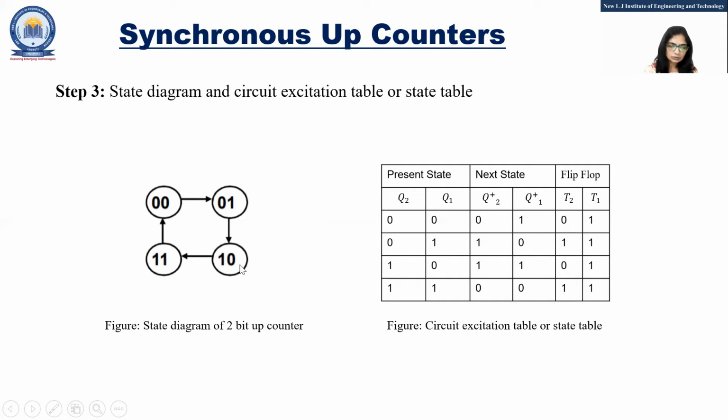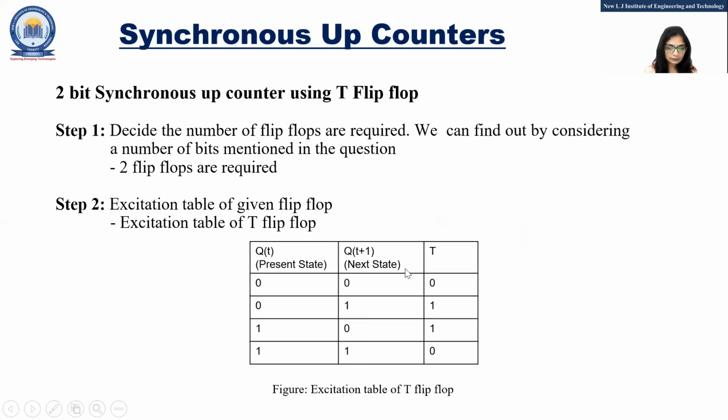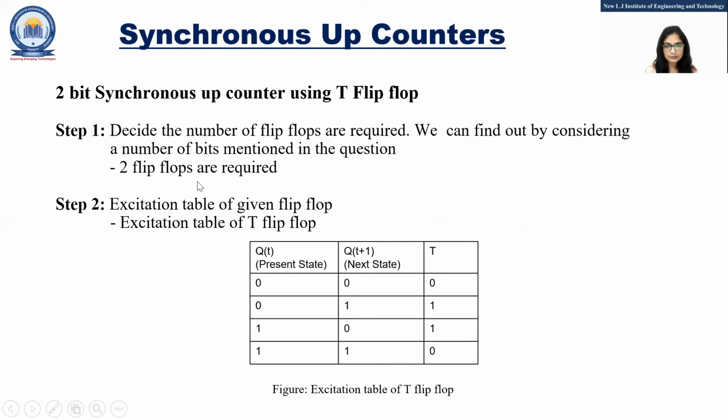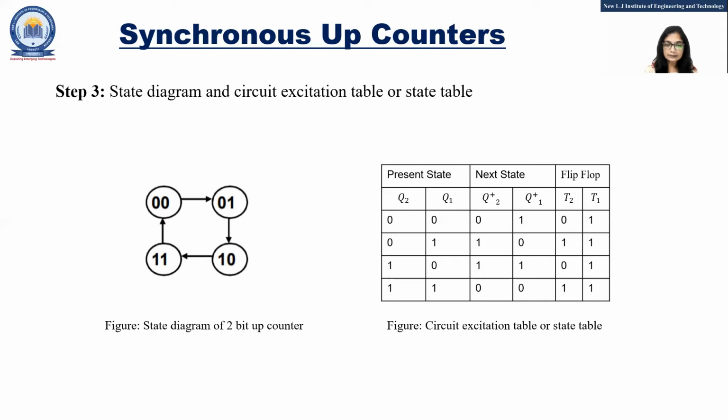Fine. So this is the state diagram. Now we will see the circuit excitation table, also known as the state table. In the state table or excitation table, we have to cover the present state, next state, and input T. Circuit excitation table means that in our circuit we use 2 flip-flops, 2 T flip-flops, so I design the table for that circuit.